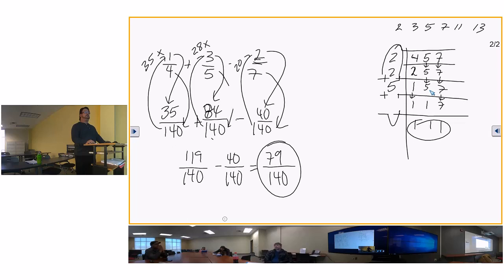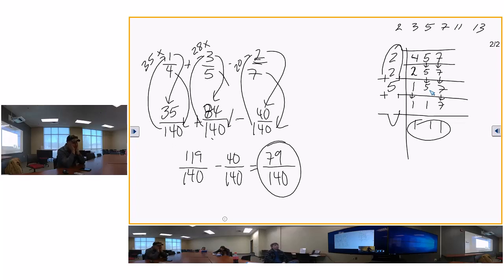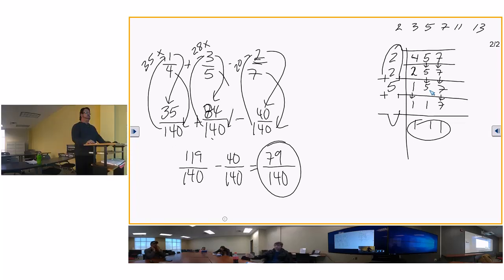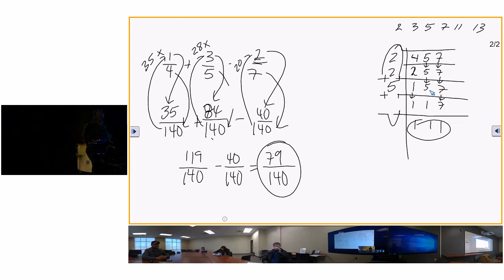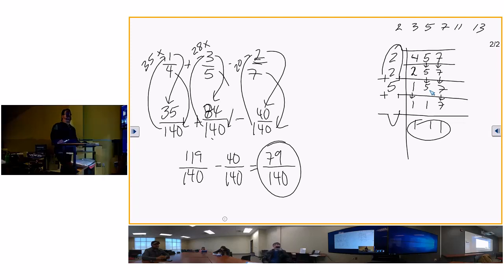Do you want us to reduce that answer, sir? I don't think you can. 79 is hard to reduce. I think 79 is prime if you want to know the truth about it. Now, if it was 80 over 140, yes, because you always reduce, because you don't go into Lowe's and ask for a 50/100 wrench.